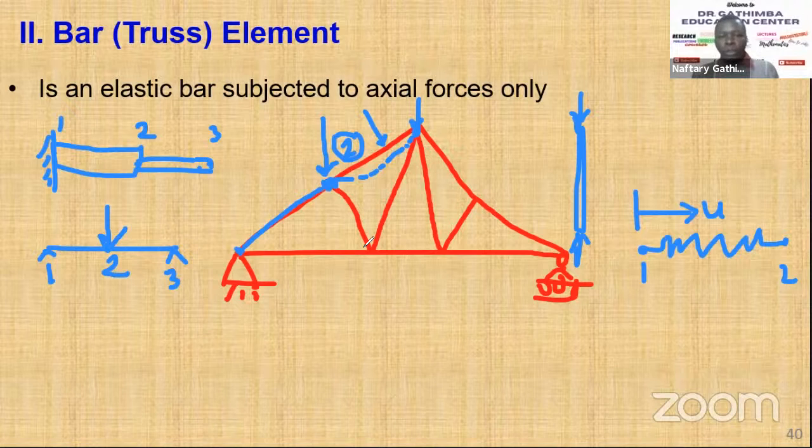So in this case, we are going to look at the second step. We have the element. For us to get the finite element stiffness equation for this element, we need to get the displacement function.